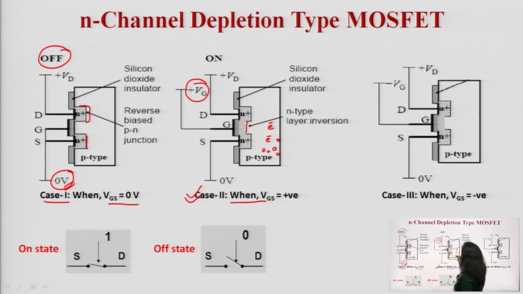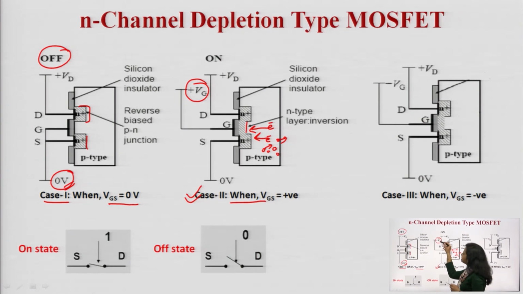At the same time, because in p-type, majority charge carriers are holes, so holes will be repelled away. But the electrons which are in the minority in a p-type substrate, these electrons will be attracted towards the gate terminal. So now what will happen?